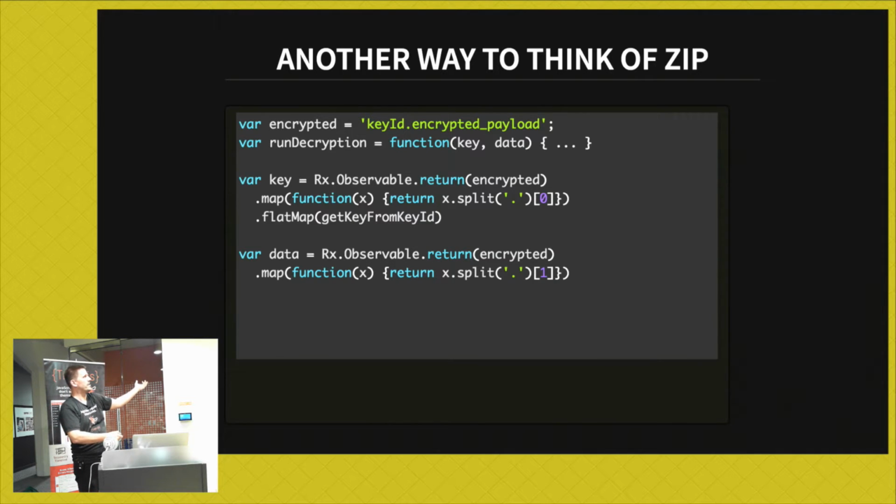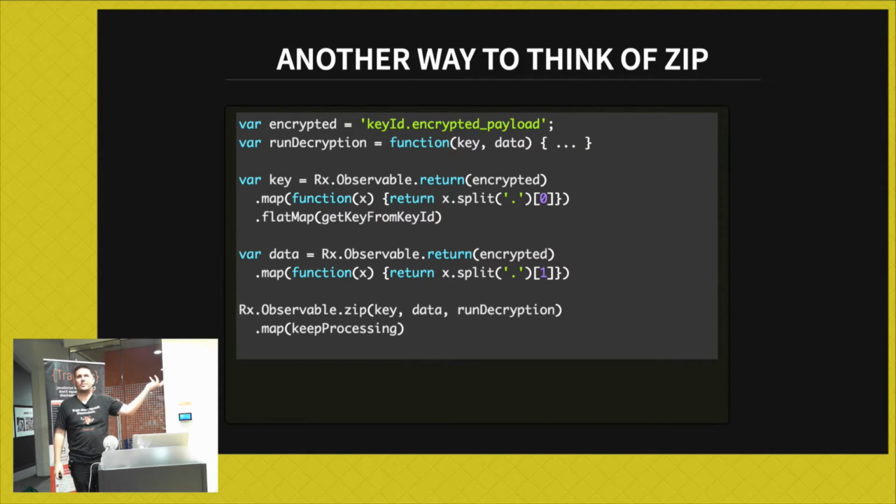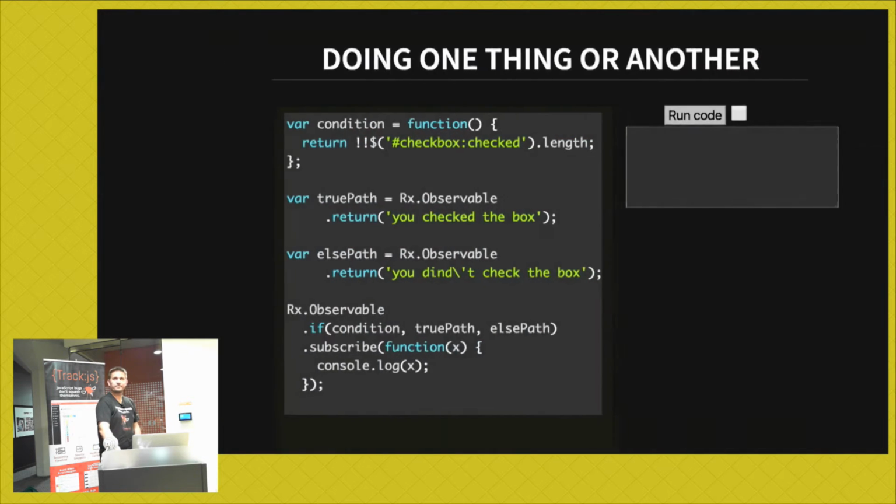And then for the data, we just do the same thing, except for getting the payload. So now I have my key here, my data here, and two observables. All I need to do is pass it to the function I wanted to populate in the first place and just keep going. It's a very subtle difference, but once I figured that out, a whole new world opened for me. So hopefully it does for you too.